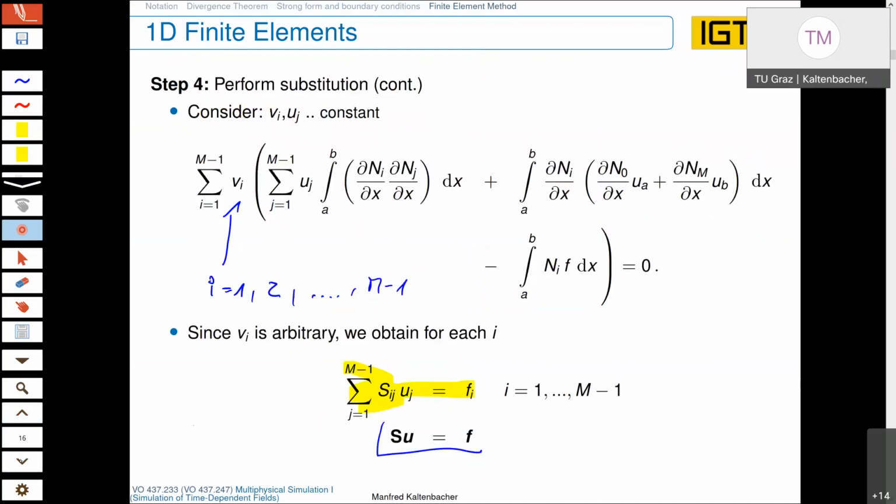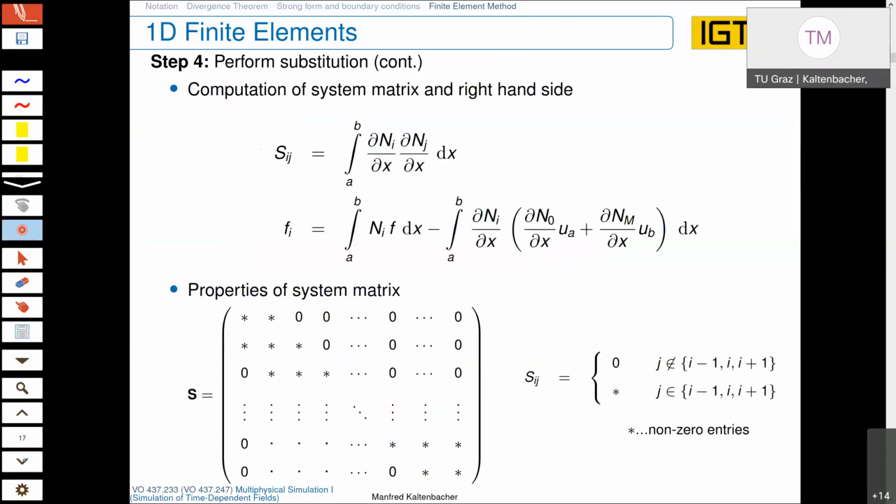So you see that this test function was very helpful in order to transform from the strong form to the weak form, but at the end, on the discrete level, it doesn't pop up, we don't need it, and we end up in a system of equations with a system matrix, the vector of all the unknowns of our physical quantity, and a vector of the right-hand side.